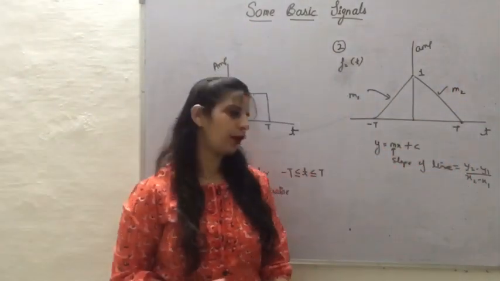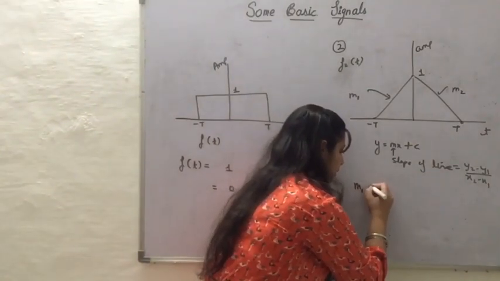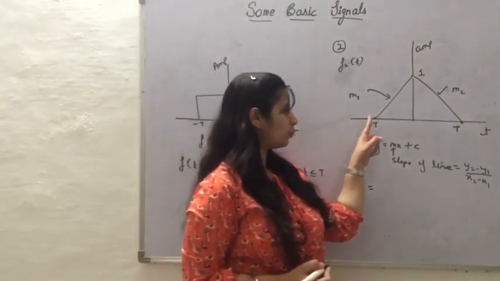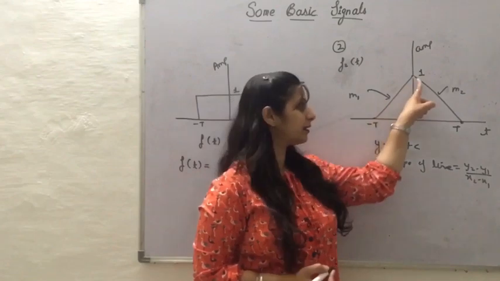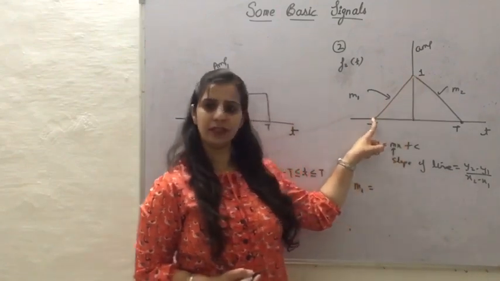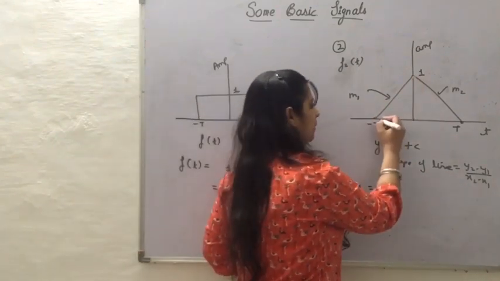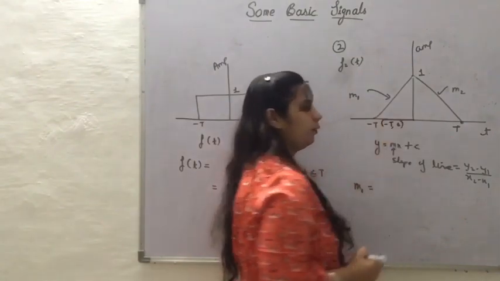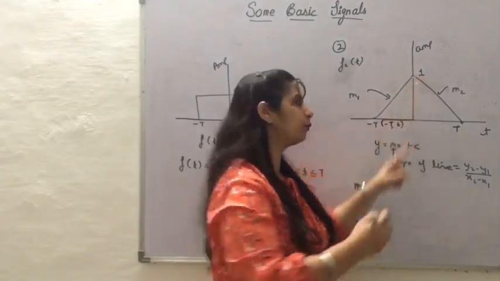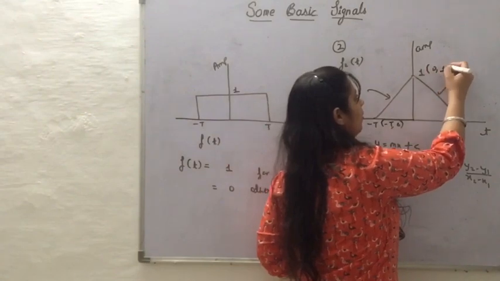To find out m1, we need two coordinates, and those two coordinates will be this coordinate and this coordinate. The coordinates of this point will be minus t comma 0, and the coordinates of this point would be 0 comma 1.